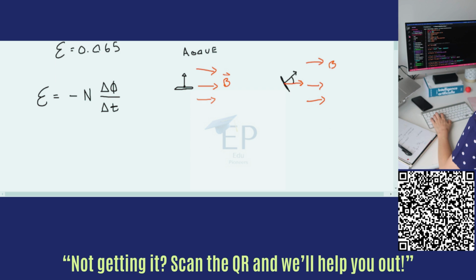Alternatively, we could exclude this n here for the number of loops and just remember that it's included in our flux. But we'll just pull it outside to make things a little easier on ourselves.